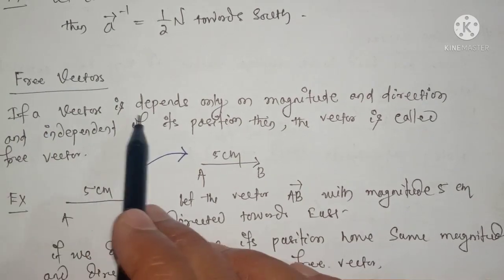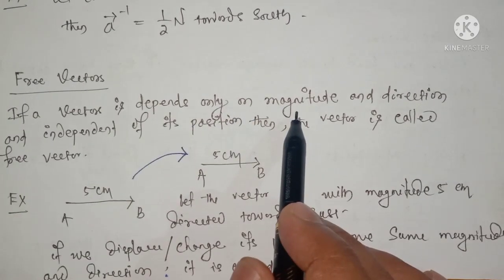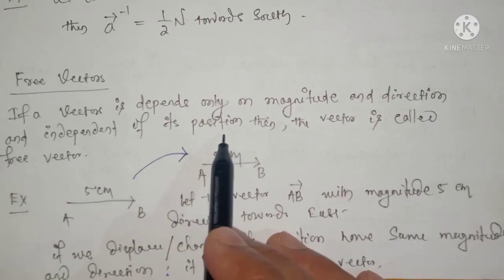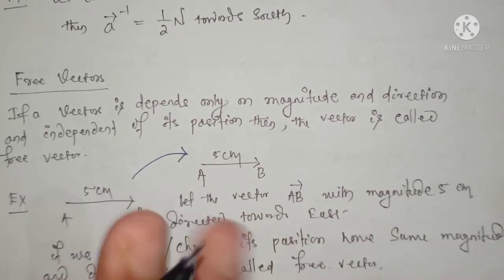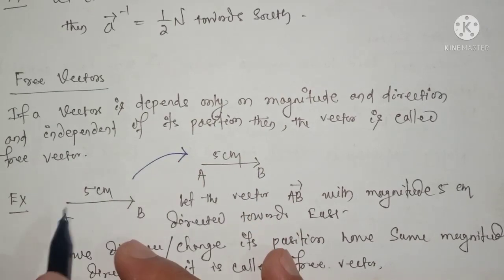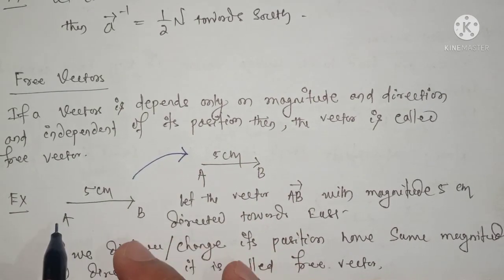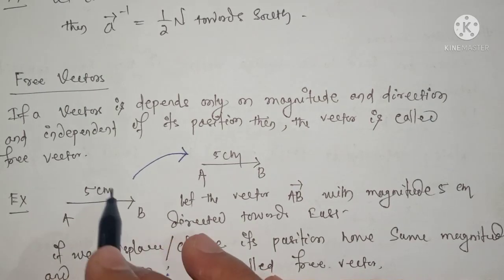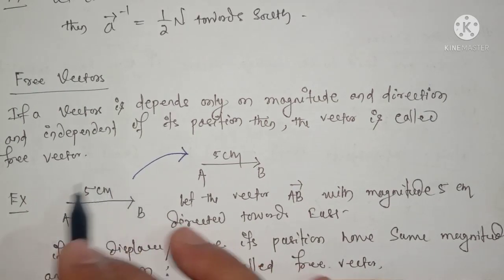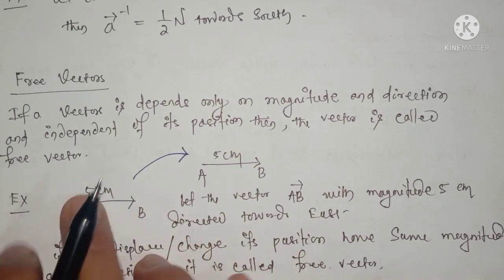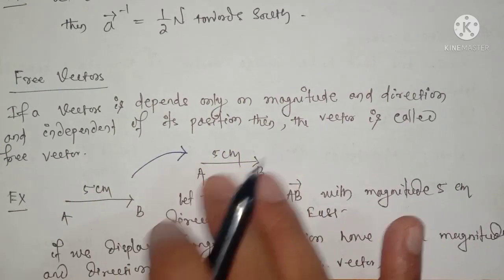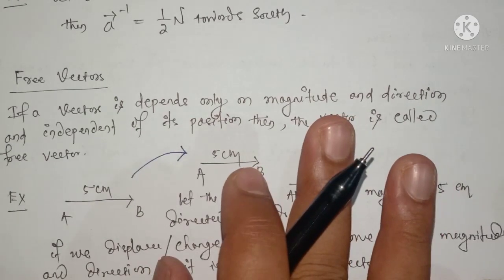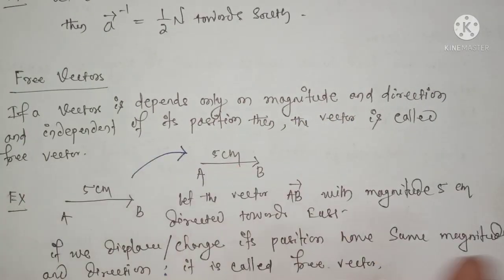If a vector depends only on magnitude and direction and is independent of its position, then the vector is called a free vector. For example, here is a vector AB with a magnitude of 5 centimeter. If I move this vector AB from this place to this place, then the magnitude and direction will not change. That means this vector is called a free vector.